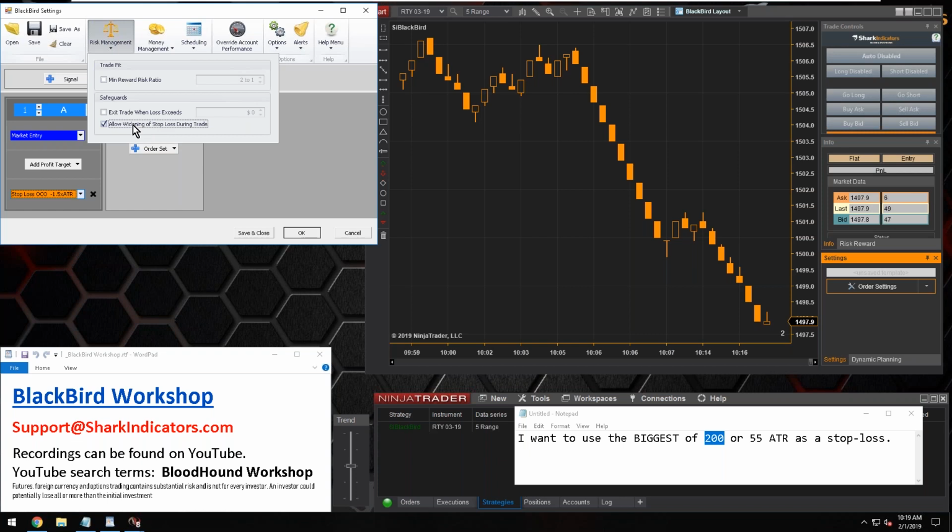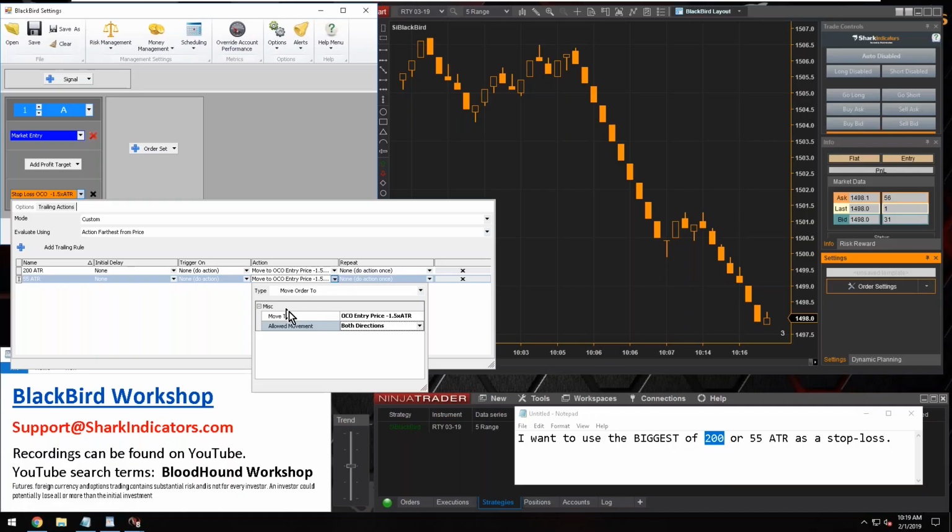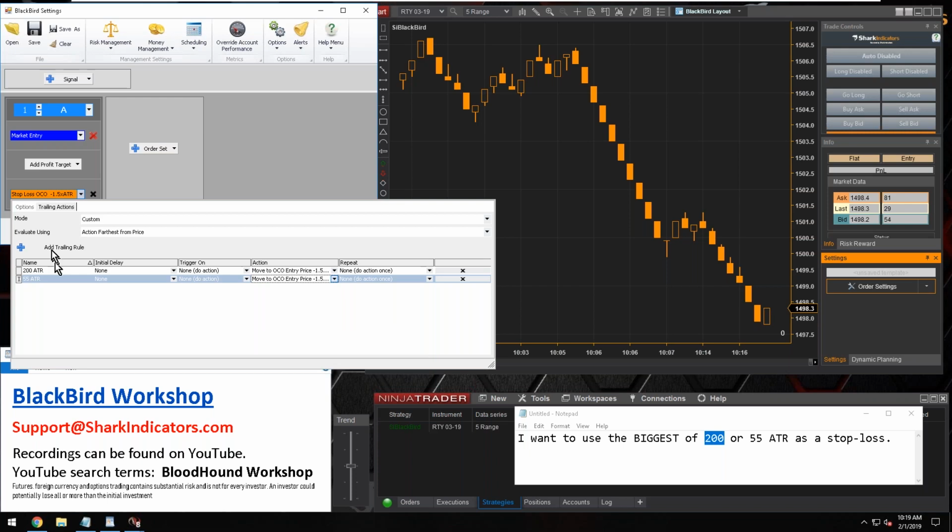So we need to enable that. And then again, in your action, adjust the allowed movement as well. So those are the two things that are required to move a stop loss backwards.